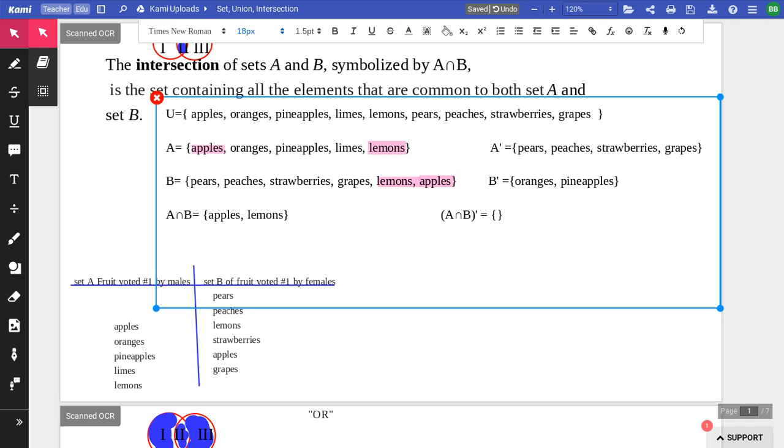Take a good look. Limes are not in B. Anything else?